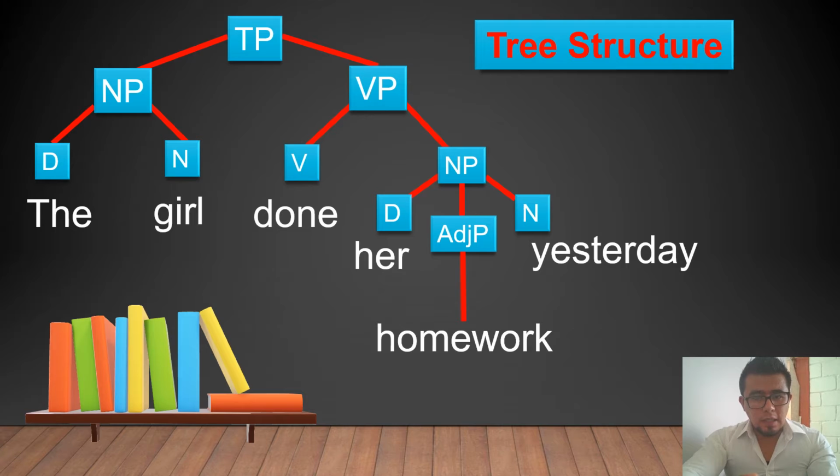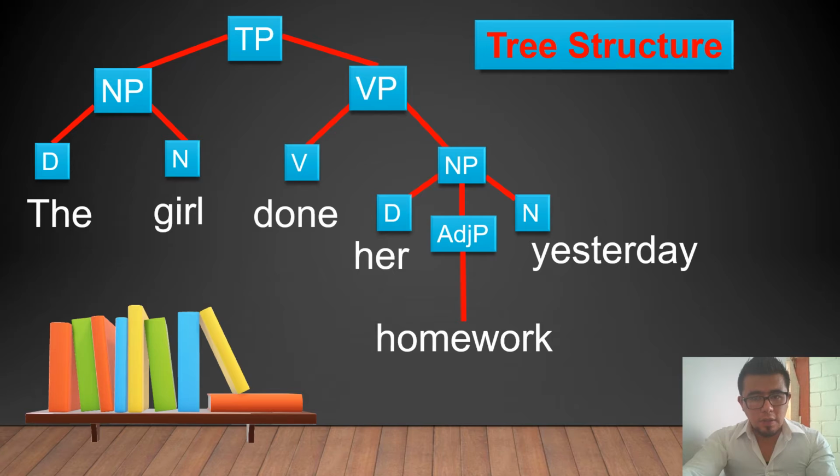One of them is a noun phrase, NP, as we can see, the girl, and a predicate phrase or verb phrase that is represented by VP on the second side. So it will be did her homework yesterday, and all this, if we unite it, is a sentence, right?